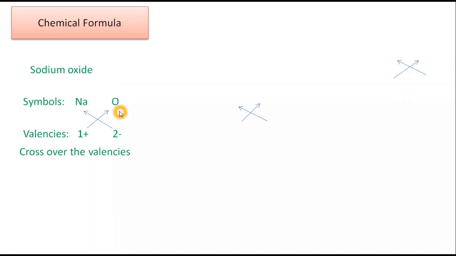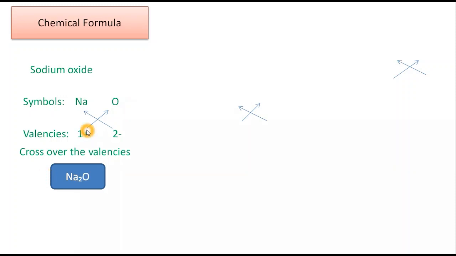The 1 positive will be written with oxygen and the 2 negative will be written with sodium. So we get Na2, and then oxygen with 1, but we don't need to write 1, it is understood. So we get the formula Na2O.